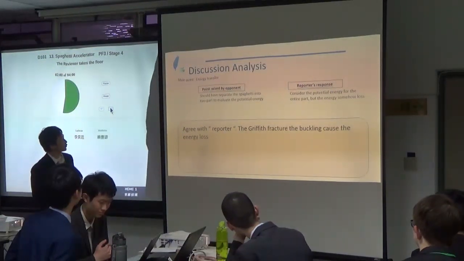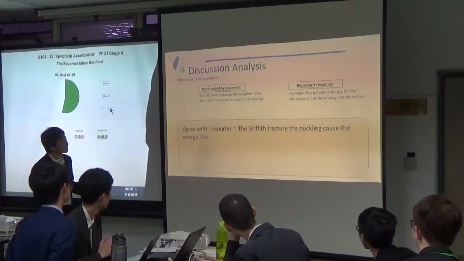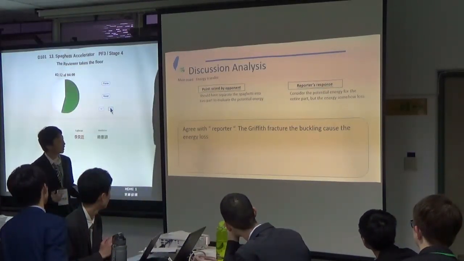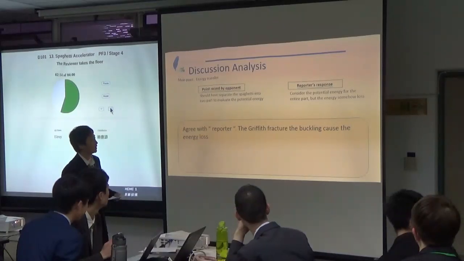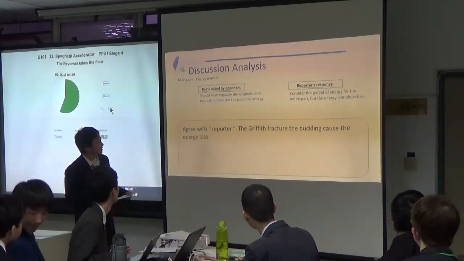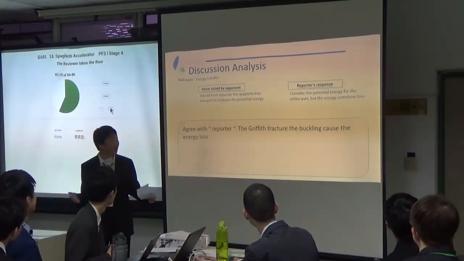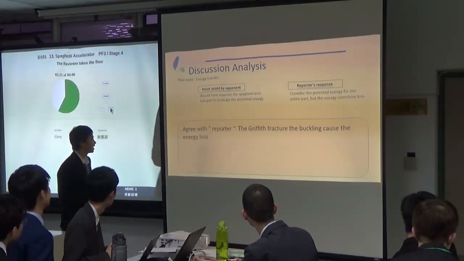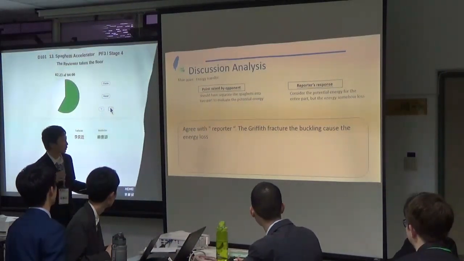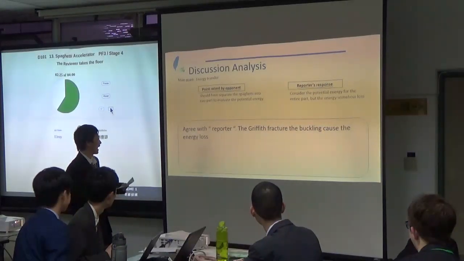For the energy transfer, the opponent said they should have separated the spaghetti into two parts to evaluate the potential energy. The reporter answered that they considered the potential energy for the entire part, but the energy is somehow lost. We agree with the reporter. The Griffith fracture caused the energy loss.